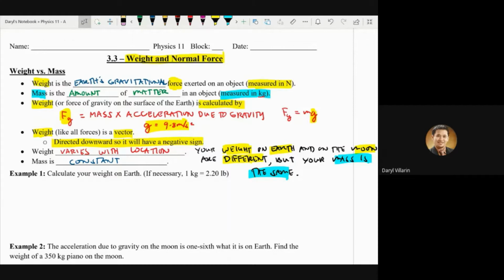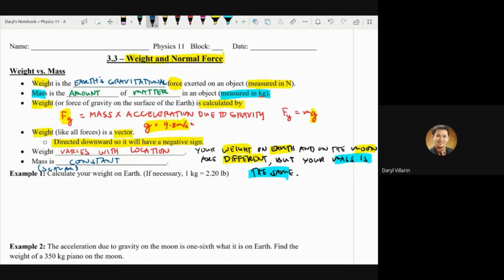That is one of the main differences between the two, aside from weight being a vector and mass being a scalar quantity. That's why mass doesn't have any direction.